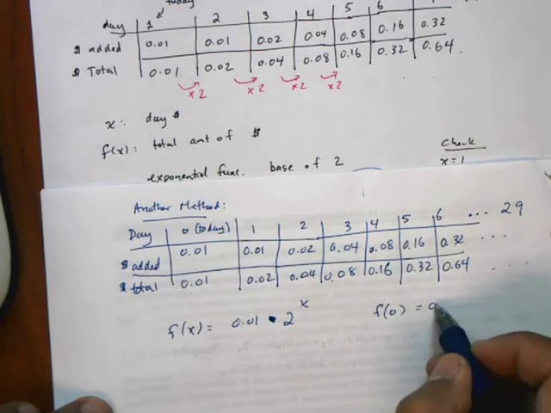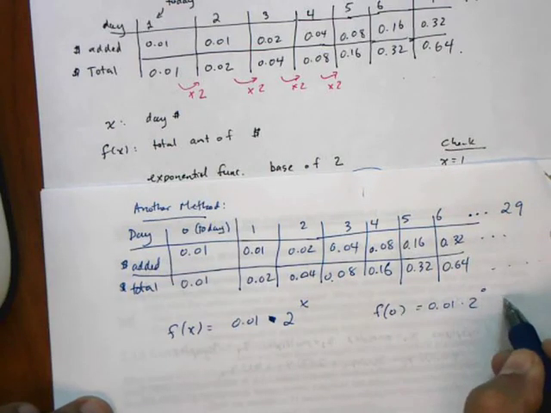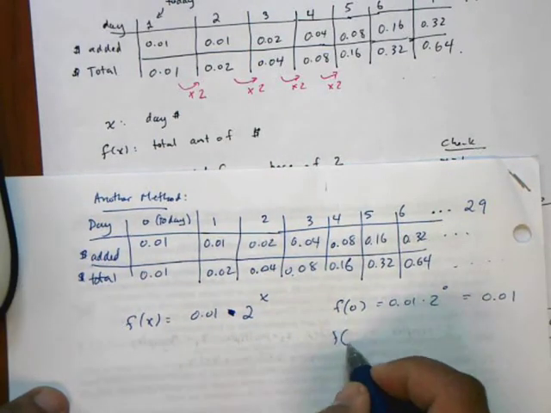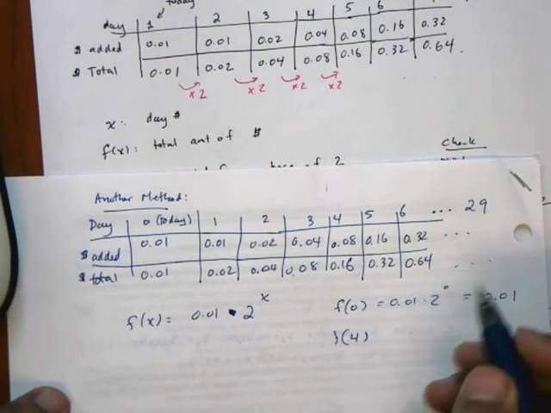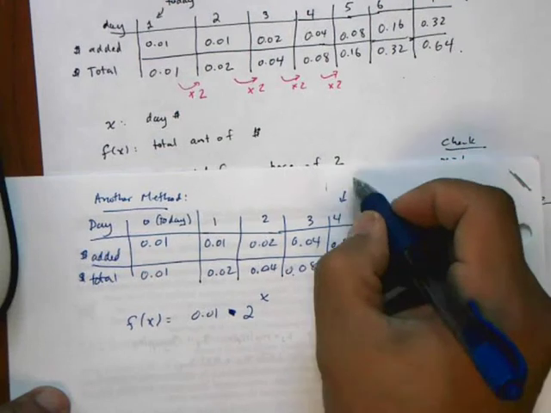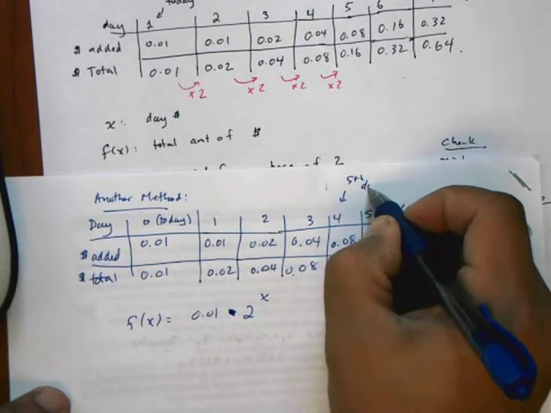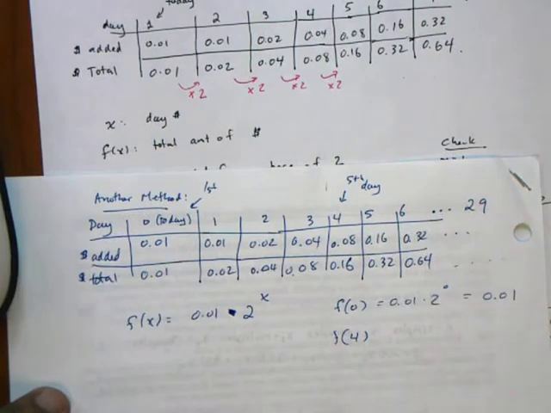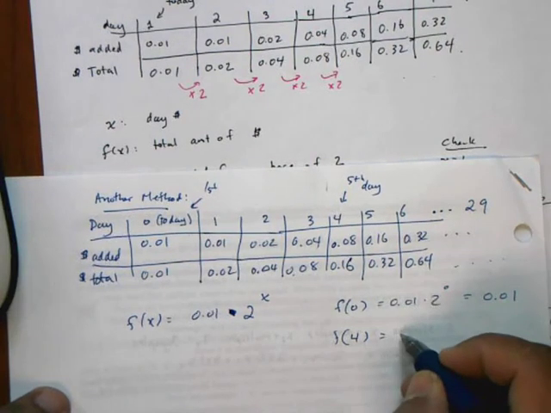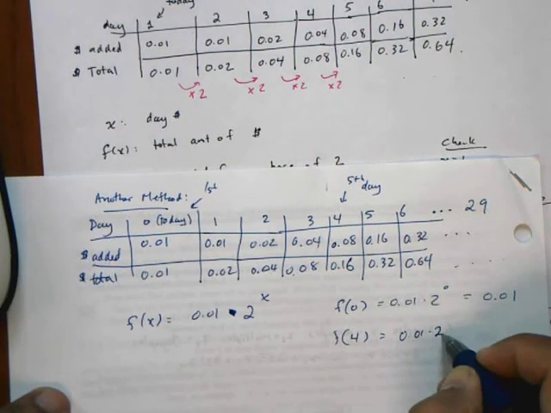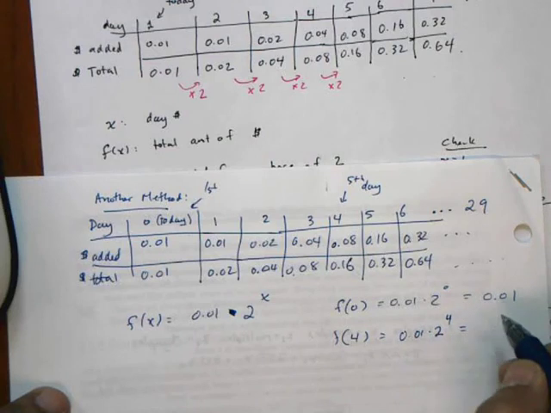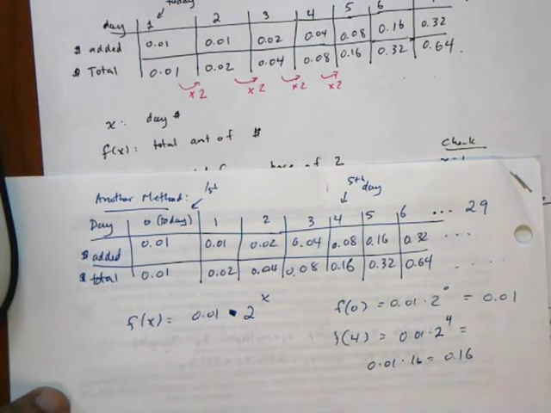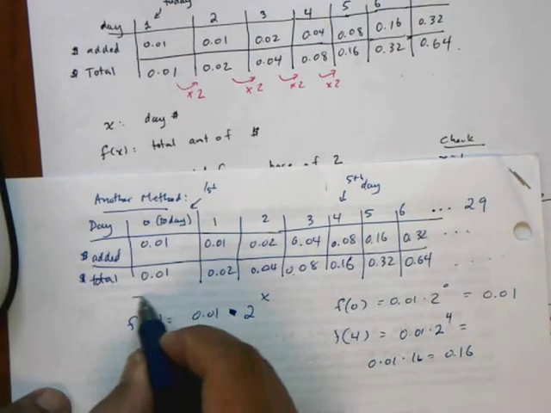On the 0th day, you get 0.01 times 2 to the 0th power, which is 0.01. What if you had f of 4? And mind you, the 4 here is really the 5th day. 0 here is the 1st day, depending on how you want to call this. Okay? So f of 4 is 0.01 times 2 to the 4th, which is 0.01 times 16, which is 16 cents. So it does match up, and this function works.